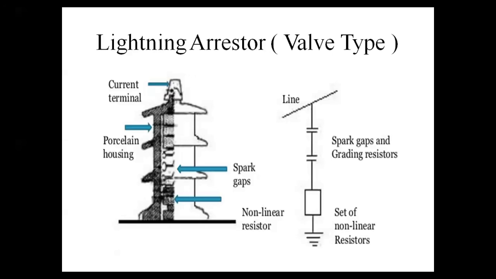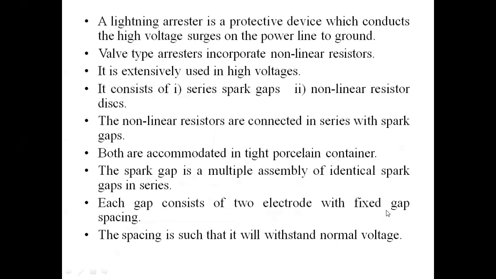So you can see here, it is used for high voltage. It has series spark gaps and non-linear resistors, and these two, the series spark gaps and the non-linear resistor disks, are in series.